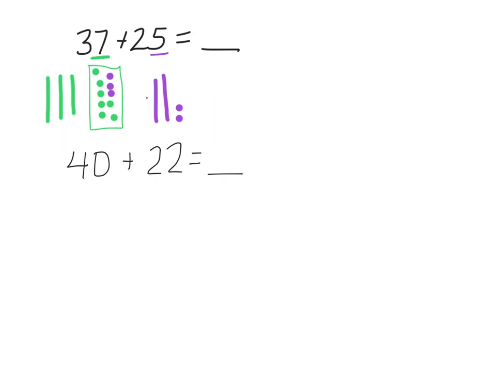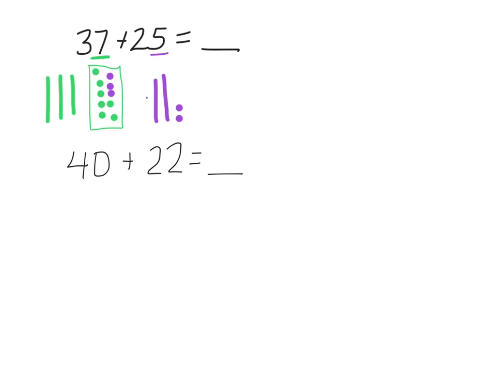We have 40 plus 22. When we add 40 plus 22, is the sum the same as 37 plus 25? Well, yes, because the blocks for the two models were moved around. But the total number of blocks did not change. So the sum is the same.